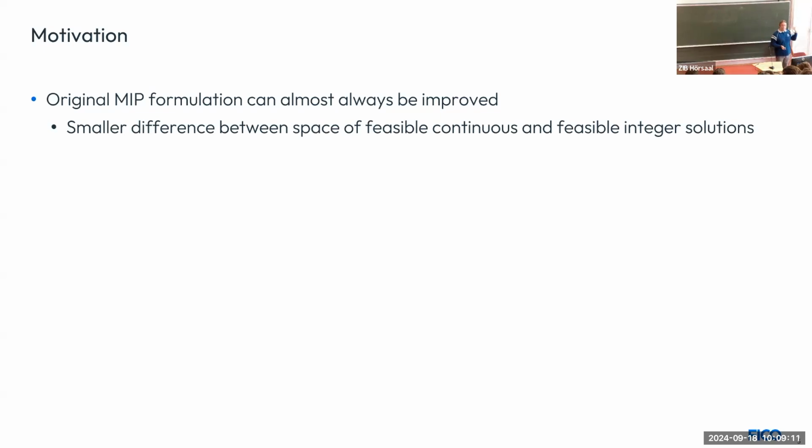And by improved, I mean many different things, but in particular, getting a smaller difference between the space of feasible continuous and feasible integer solutions. Remember the picture from previously. Wouldn't it be great if we could reduce that? We could do something to the problem that moves our relaxation solution closer to the set of integer feasible solutions. That would almost certainly help the solution process.